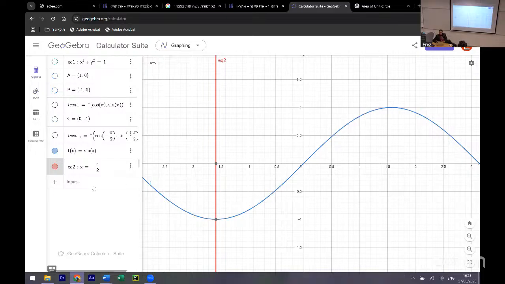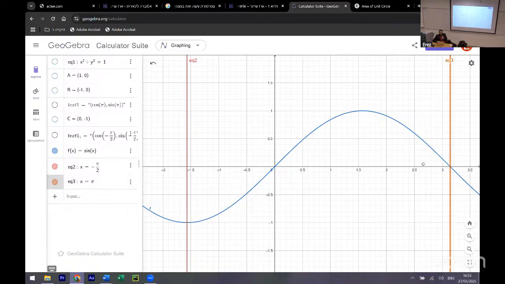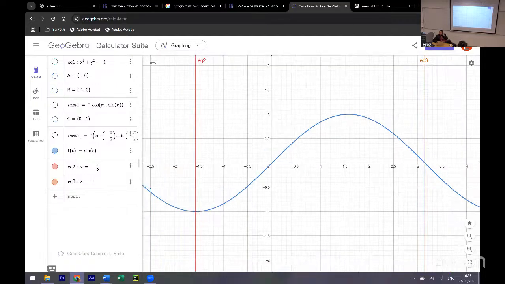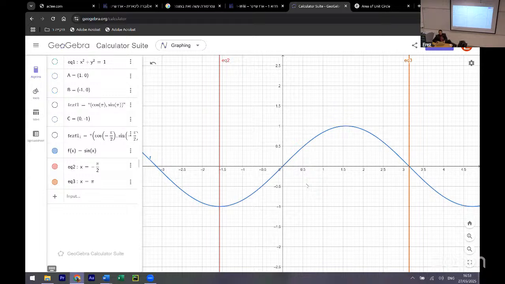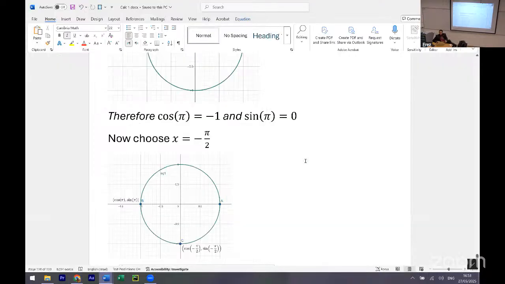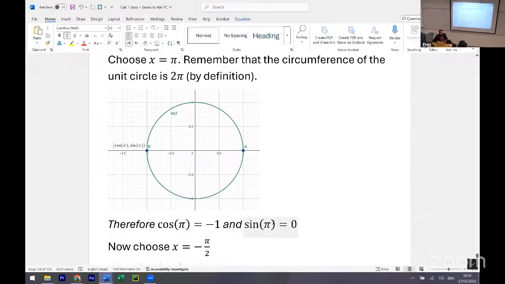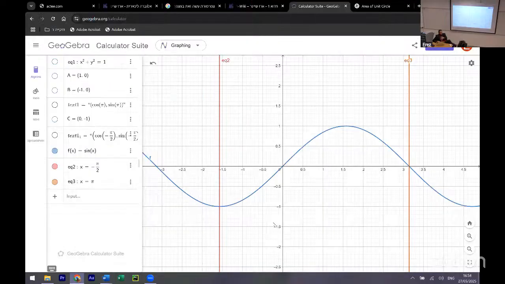And at pi, where x equals pi, where is it? Can you see the numbers? It's just a bit to the right of 3, because pi is 3.14. So here it is. And what's the value there? 0. And what did we find out? That sine of pi is 0. So the graph plotted here is exactly the sine that I defined for you.